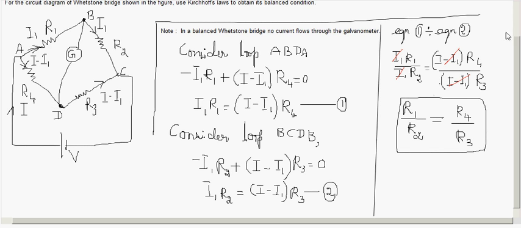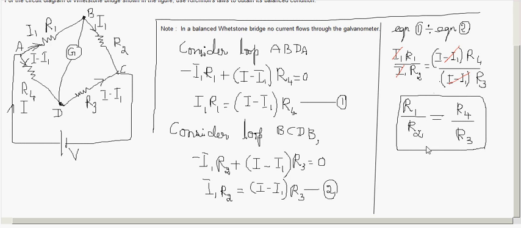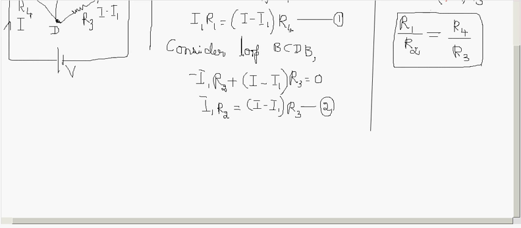Therefore, the necessary and required balanced condition for the balanced bridge is R1 by R2 is equal to R4 by R3. R1 divided by R2 is equal to R4 by R3, and see clearly how these resistances are connected, R1, R4, R2 and R3.